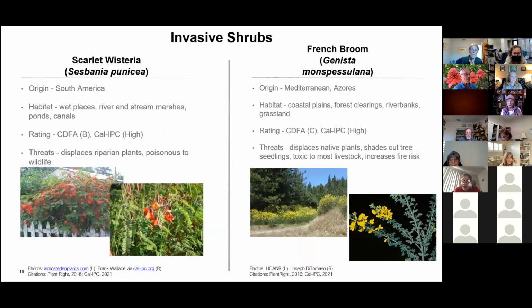Invasive shrub layer, scarlet wisteria in the riparian areas. It's beautiful but toxic and displaces riparian plants. French broom in the forested areas really promotes fire and can take over habitat, and it's toxic as well.